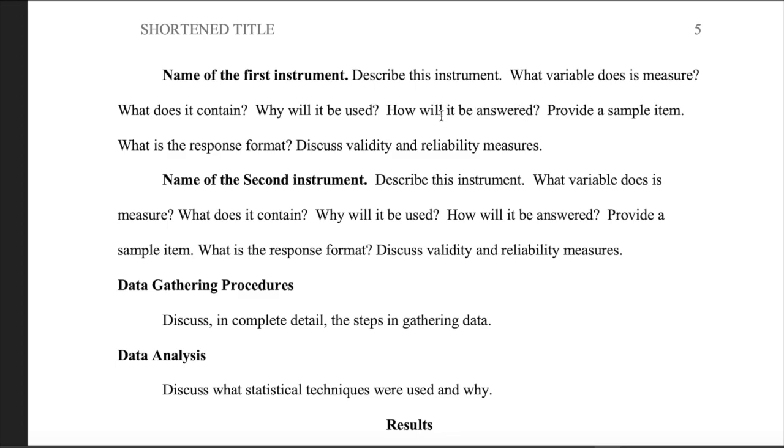How will it be answered? What is the response format? You can also provide sample items, and if available, it's best to discuss some of the validity and reliability measures or psychometric properties. And then if you have other scales, you can also put them here.